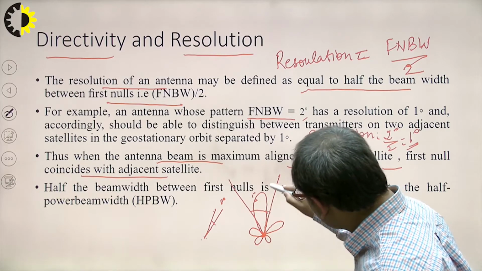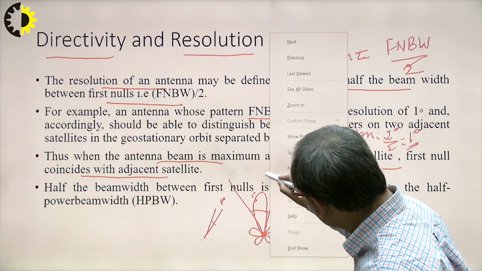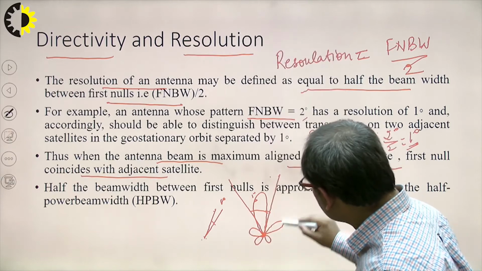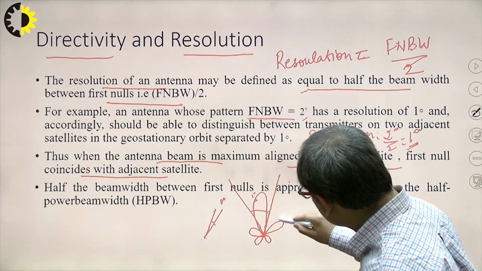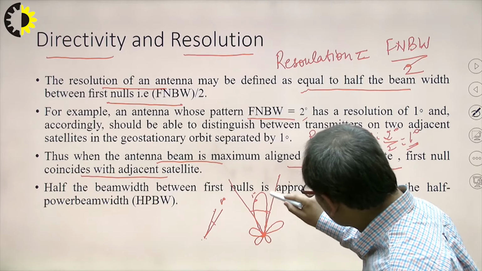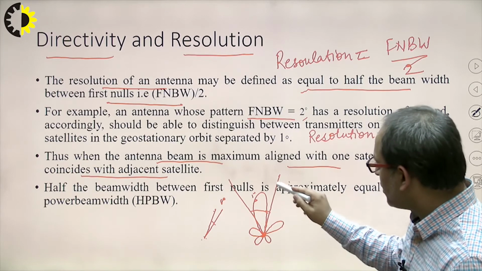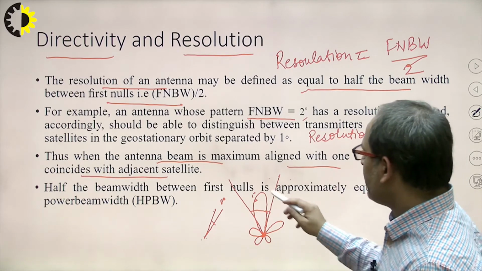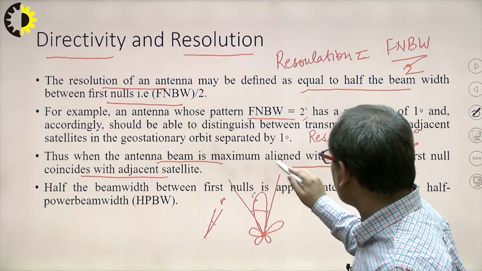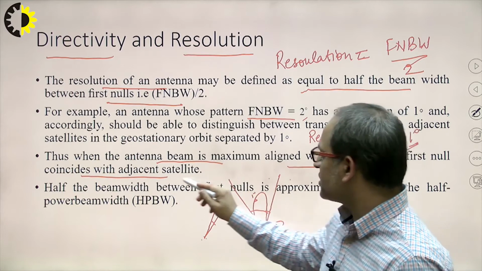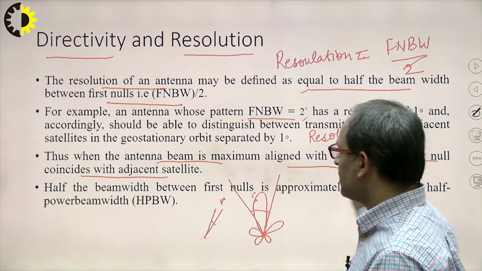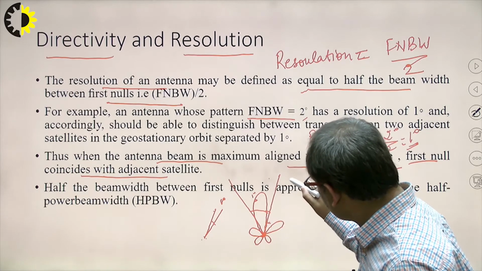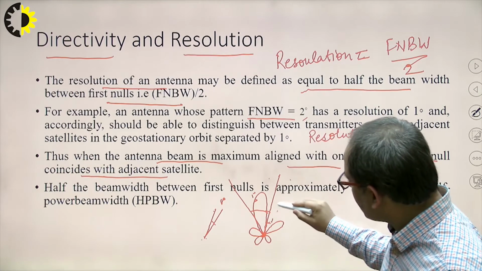Now see, if one satellite is placed here and another satellite is adjacent at its first null, then only will this antenna be able to differentiate the two satellites. Clear? So the antenna beam maximum is aligned with one satellite, and the first null will coincide with the adjacent satellite.